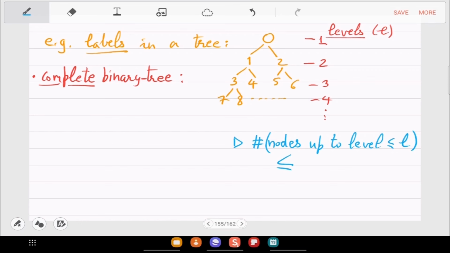So since this is a binary tree, up to level L, you should have around 2 raised to L nodes, right? You cannot have more, which I think is satisfied. Yes, up to, it is 2 raised to L minus 1.